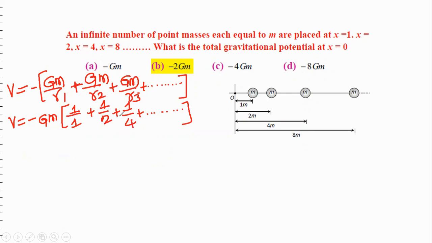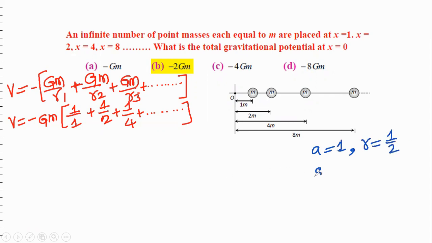From this geometric progression, the first term is A, and the ratio is R. A is taken as 1 and R is taken as 1 by 2.